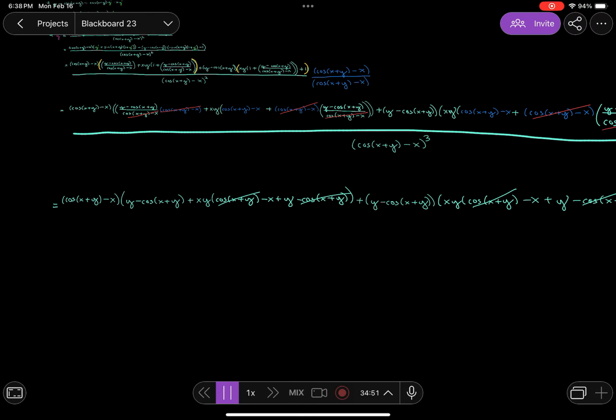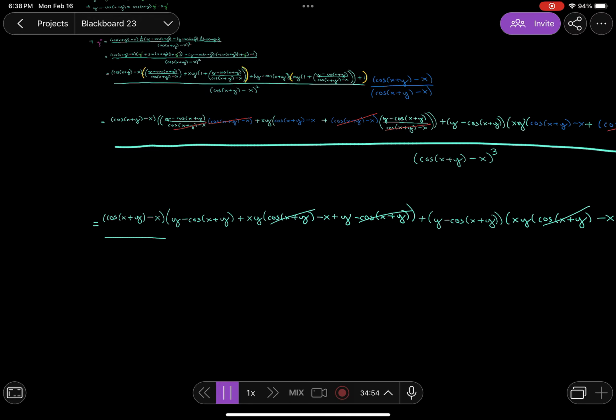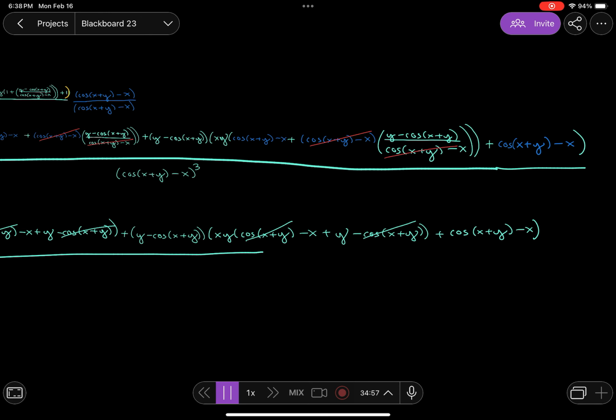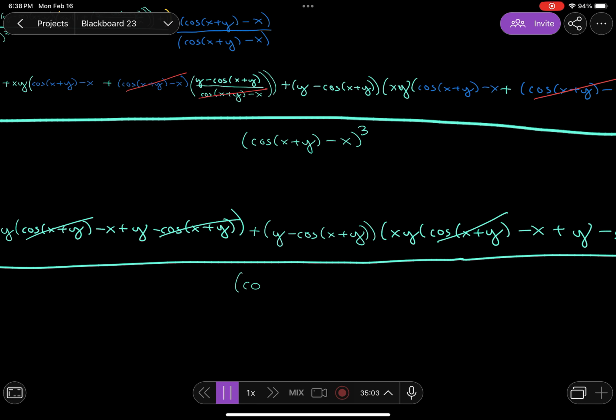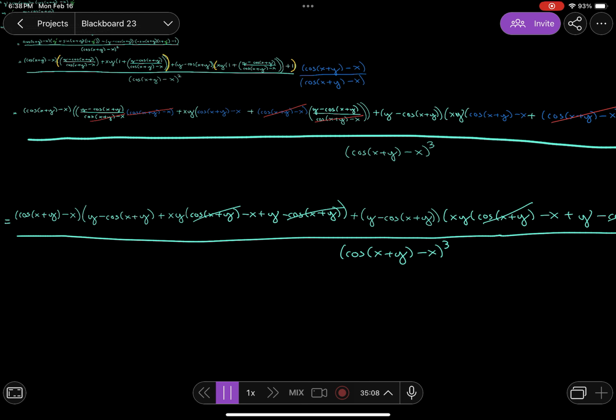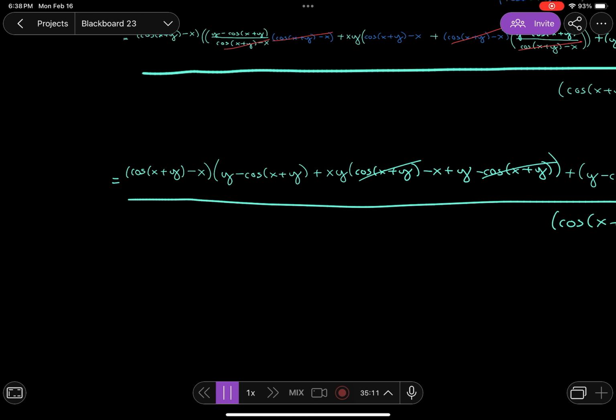All divided by cosine of x plus y minus x cubed. All right, so what's left over here? We have the cosine of x plus y minus x times y minus the cosine of x plus y plus xy times y minus x, and that's it.